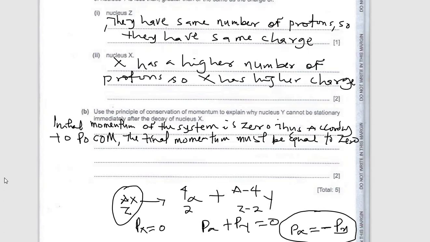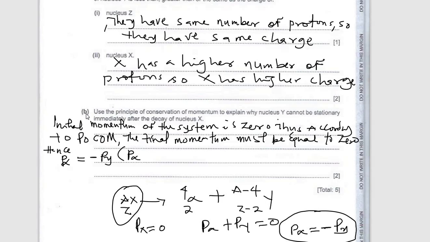Since the final momentum must be 0, how can the final momentum be 0? Hence, momentum of the alpha particle must equal momentum of Y, but in the opposite direction.